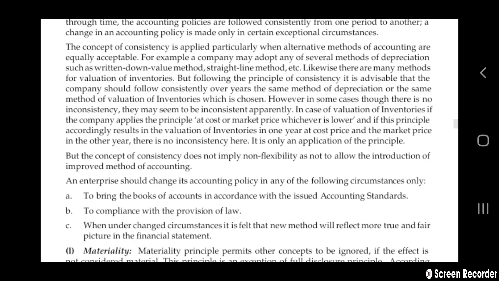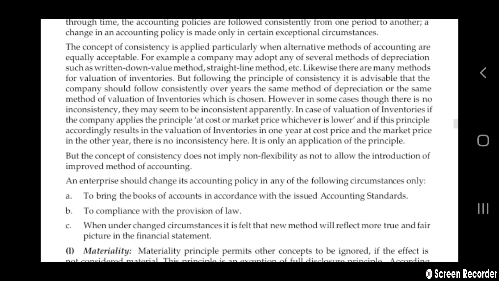In the case of valuation of inventories, if the company applies the principle of cost or market price, whichever is lower, and accordingly this results in valuation of inventories at cost price in one year and at market price in the other year, there is no inconsistency here.